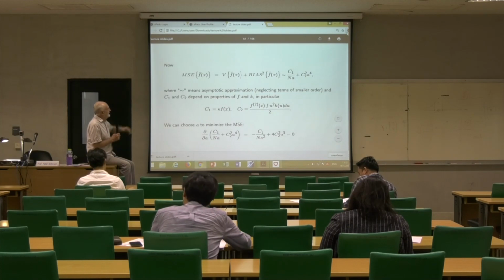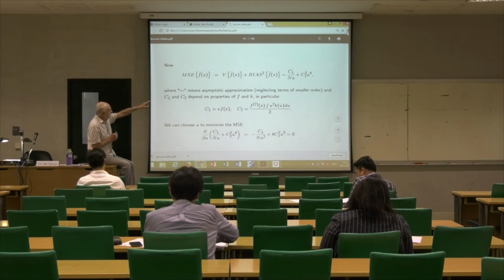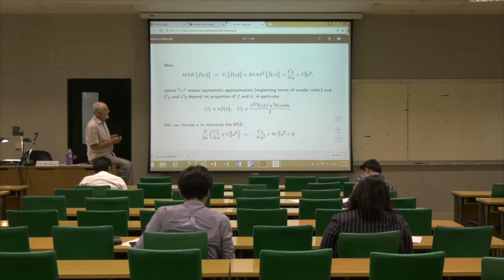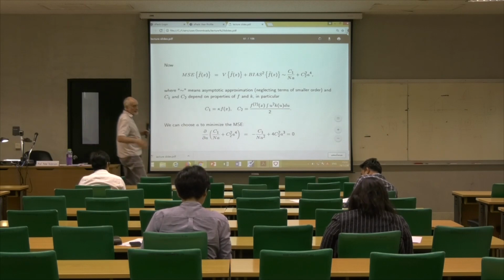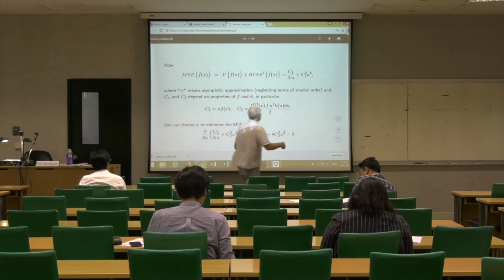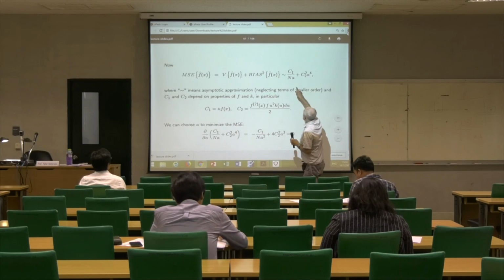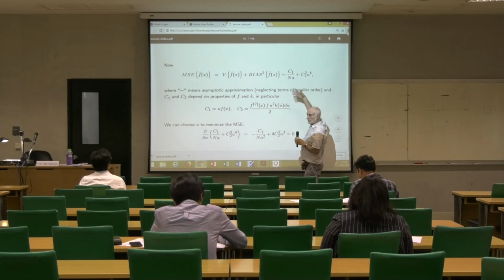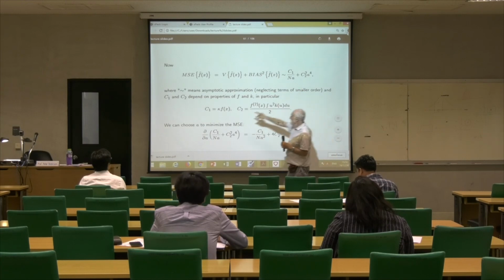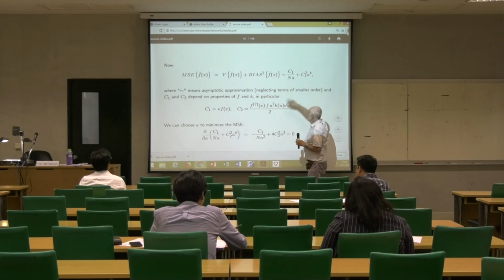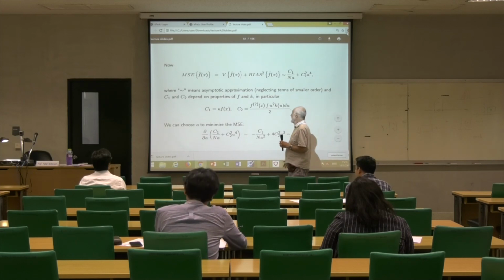So the mean squared error of f hat is the variance plus the square of the bias, and that's approximated, following from what we've just said, by this quantity, where we're ignoring any higher order terms: C1 over NA plus C2 squared, the square of C2, times A to the fourth, because this is the square of the bias. Bias is order A squared.